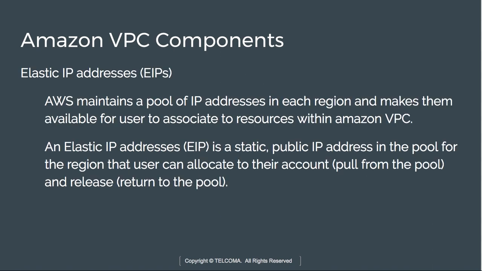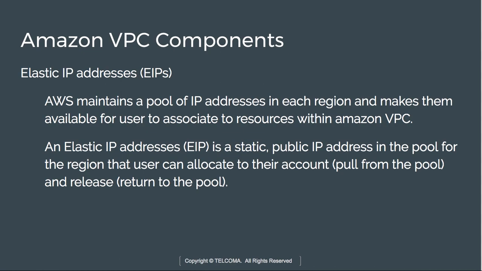The next component we have is elastic IP addresses. Amazon Web Services maintains a pool of IP addresses in each region. That means in each region we have a number of IP addresses, and those are available for users so that they can associate them with resources within a virtual private cloud.